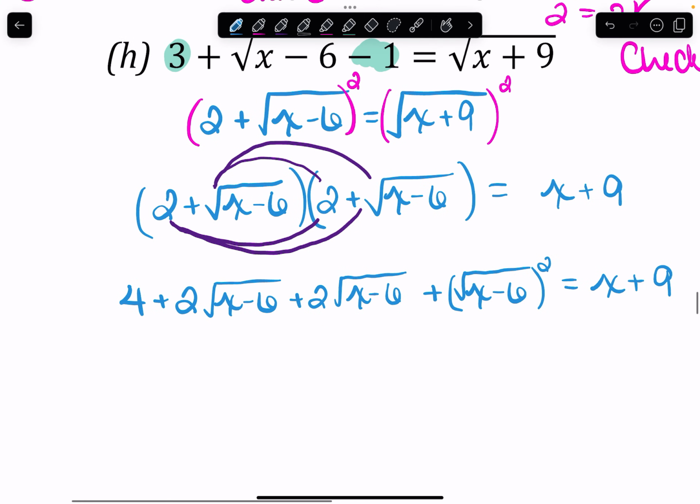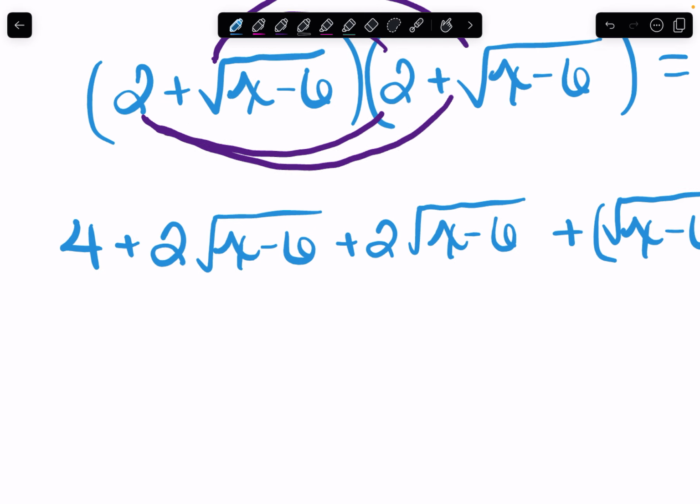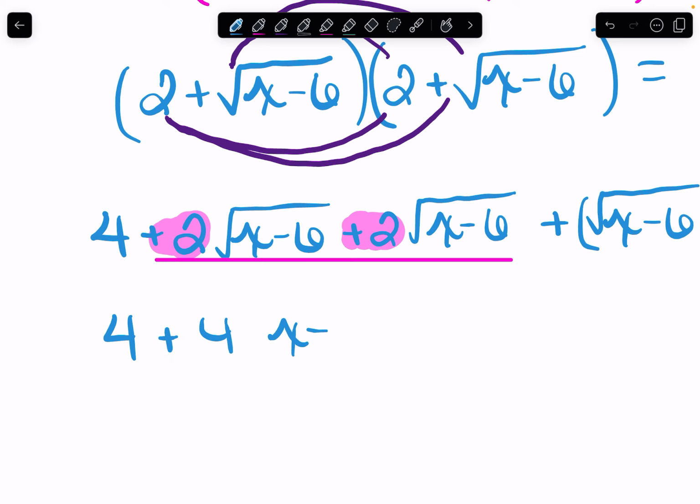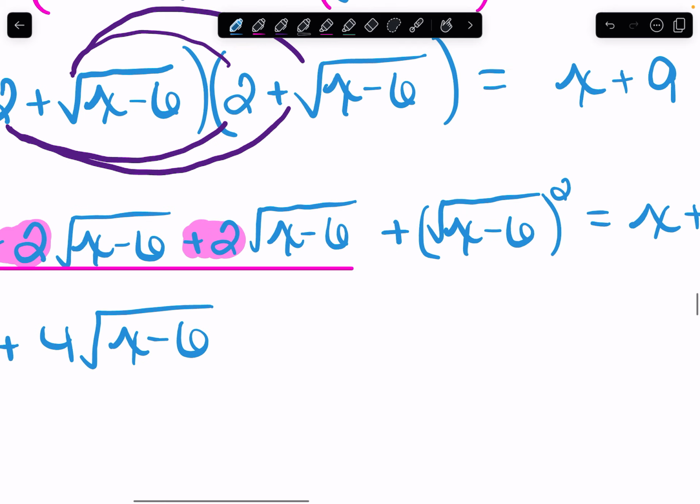All right, combining like terms, the 4, there's nothing I can do with that 4, so I'm just going to bring it down. Notice we have 2 like terms right here. I have the same square root attached, so it means I can add the numbers in front. So we can just take the positive 2 and add it to the other positive 2, so we have 4 times the square root of x minus 6. And then that last term, the square root and the square undo one another, so the x minus 6 comes out.